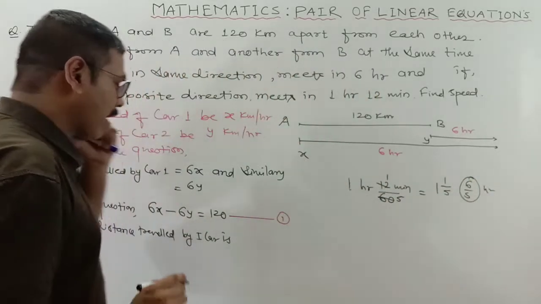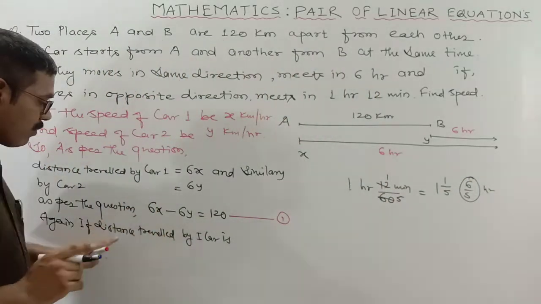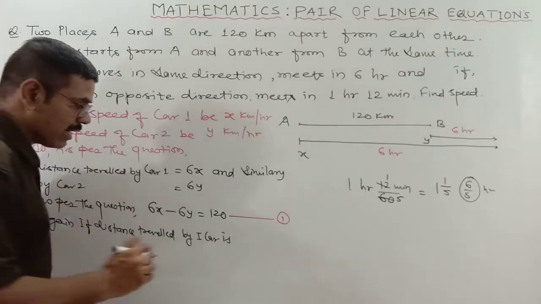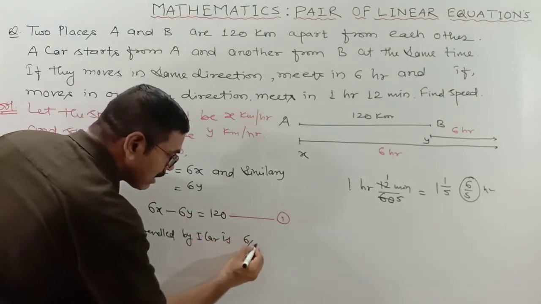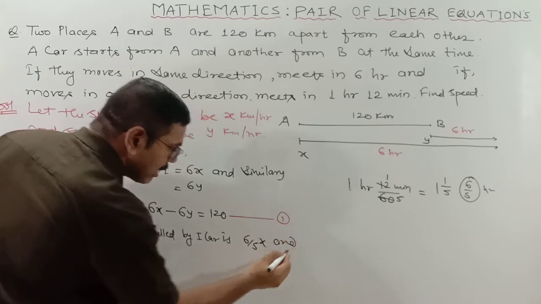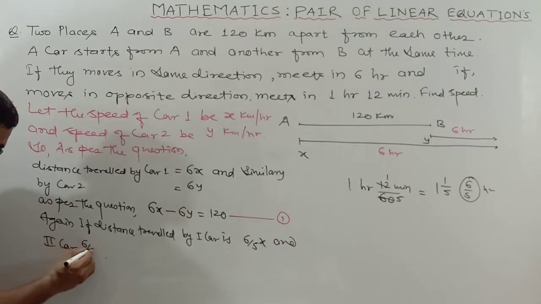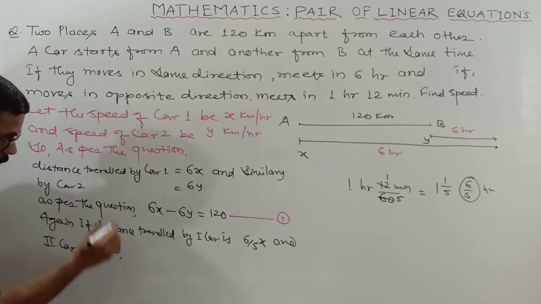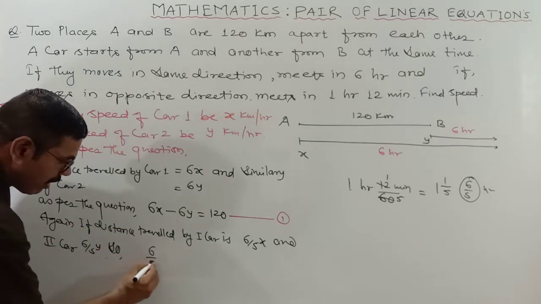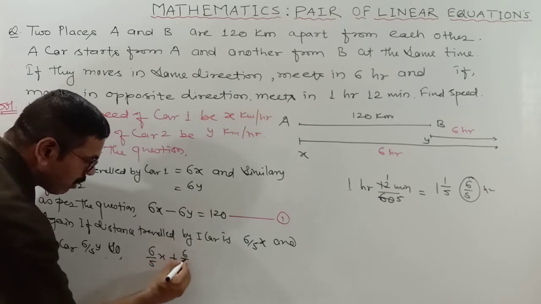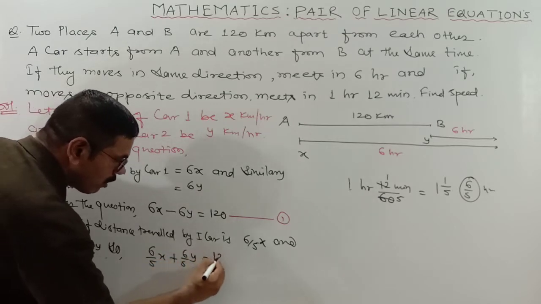That will be 6 by 5. So if the distance traveled by first car is 6 by 5 x and second car 6 by 5 y, again 6 by 5 x plus 6 by 5 y is equal to 120.